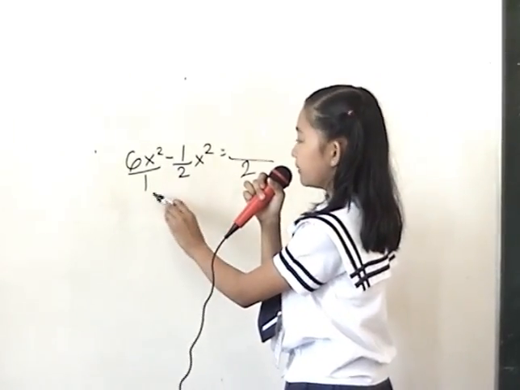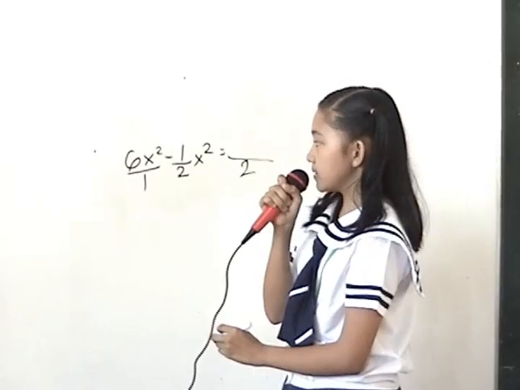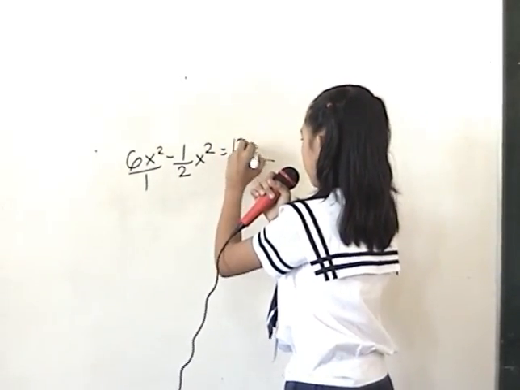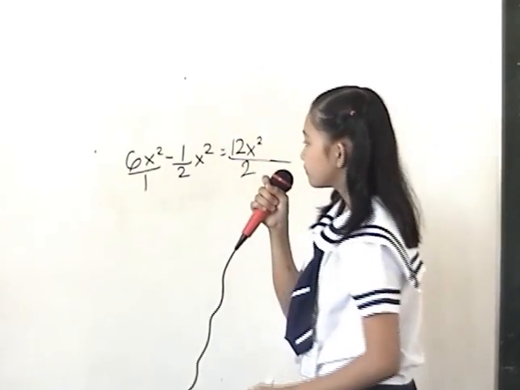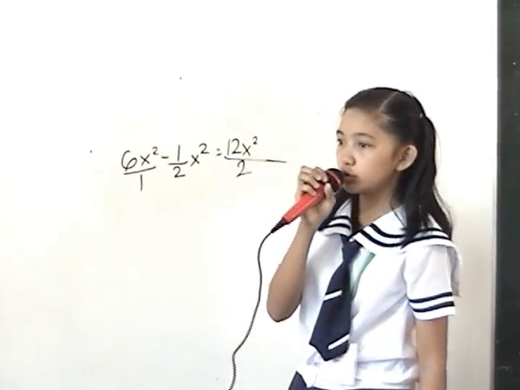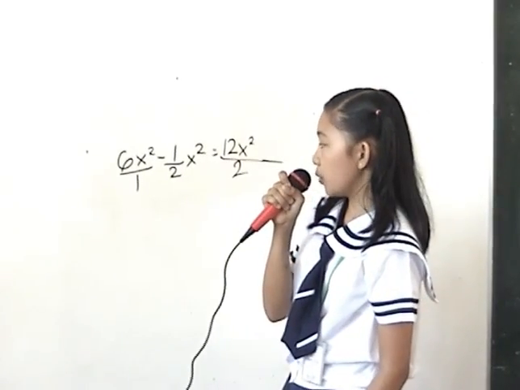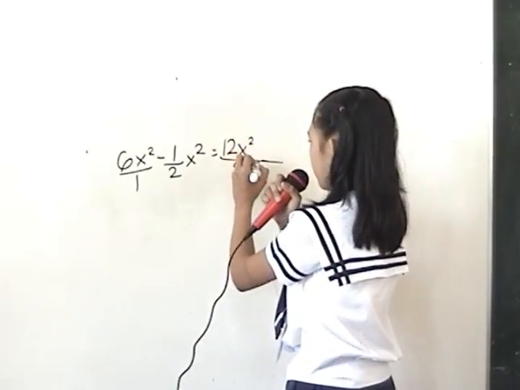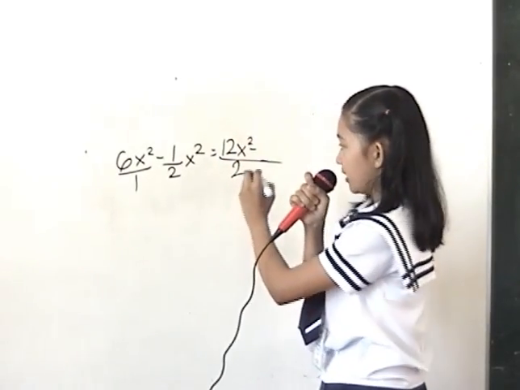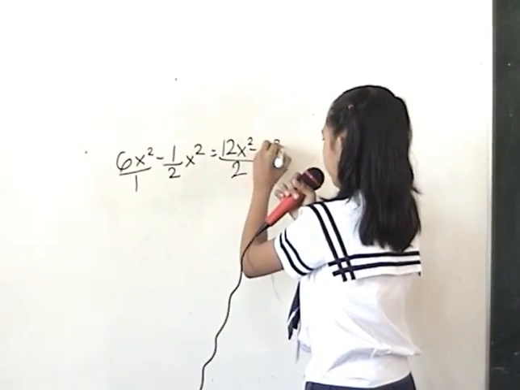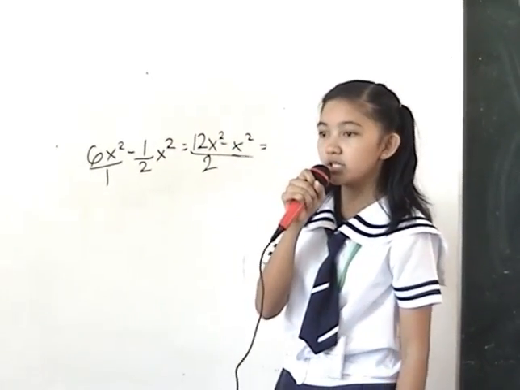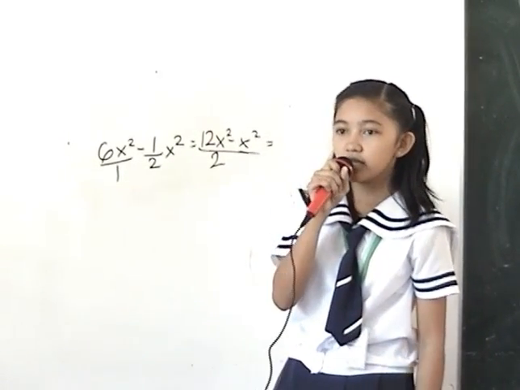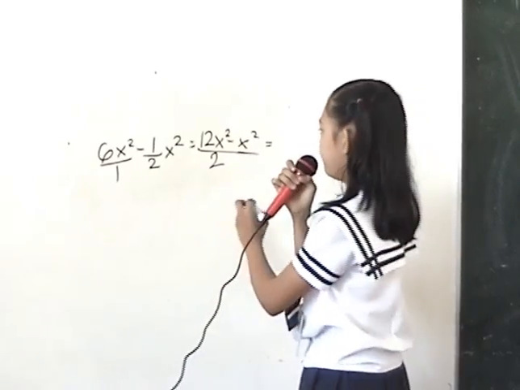Then 2 divided by 1 is 2 times 6x squared. Then 2 divided by 2 is 1 times 1x squared is x squared. We do not need to write 1 because x squared is understood as 1.